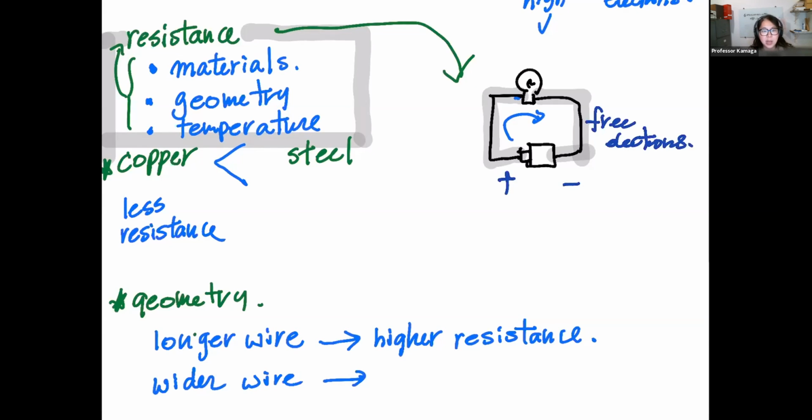It's a similar idea to waiting for a cashier. Maybe you are at Target at Christmas time and you only have two cashiers available versus 10 cashiers available. Of course you want to go with the case that 10 cashiers are available, right? So having a thicker or wider wire gives more options to flow. So you actually have a lower resistance with the same material.